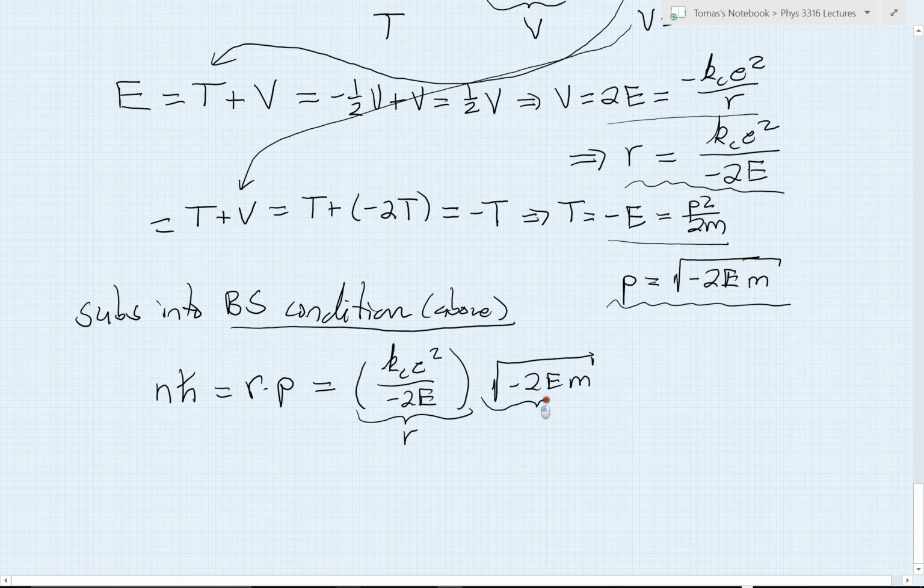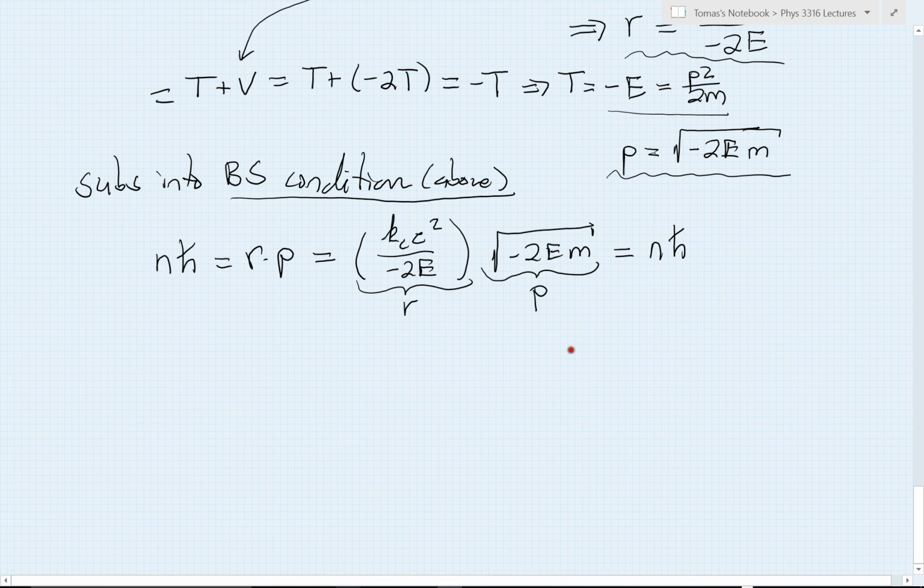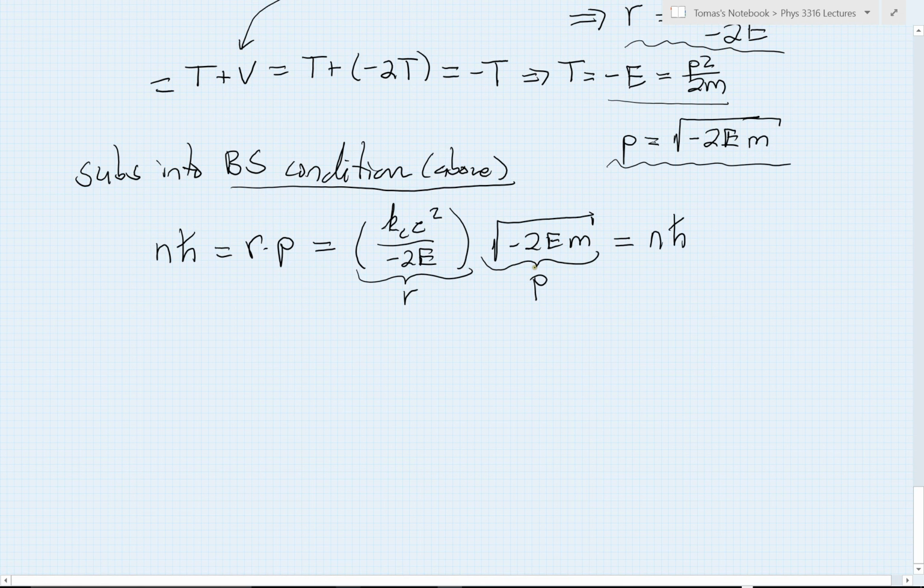So this is the momentum p. And my final job then is to equate this again to n h bar, and then solve this for E. Now to get at E, I've got an E in my square root, so I need to square both sides of my equation.